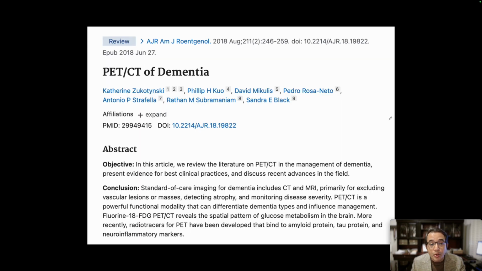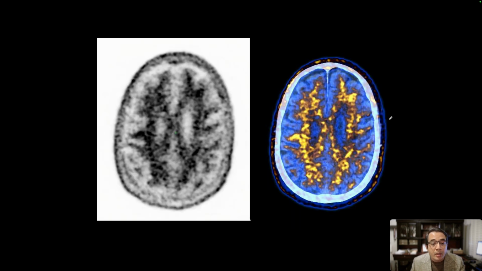This is a great review article on the topic of PET-CT imaging of dementia. Check it out. Here is the same patient who underwent an amyvid PET, and this axial image on the left shows it's a little bit count poor study, but we do see the differentiation of gray matter uptake from the white matter uptake.